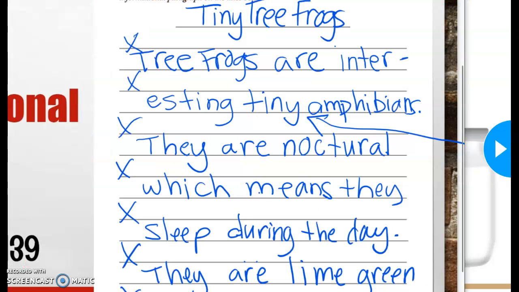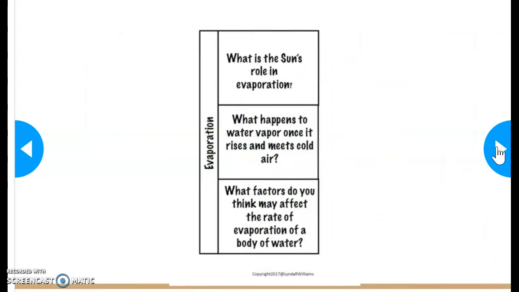Okay. So then I sent this little flip chart, and I want you to lift up each tab and answer the question. So the first question is, what is the sun's role in evaporation? What does the sun do to cause evaporation?